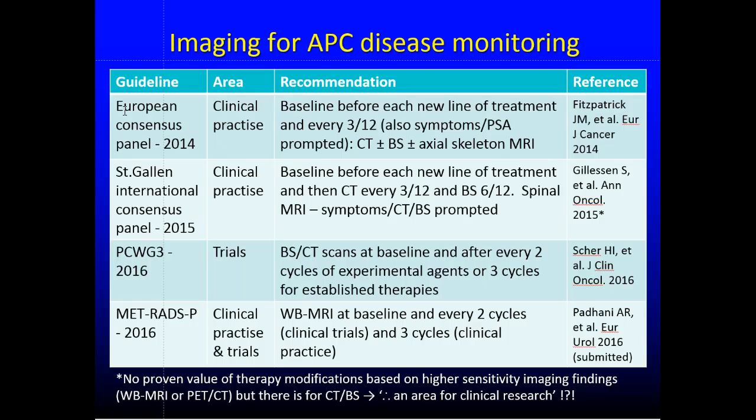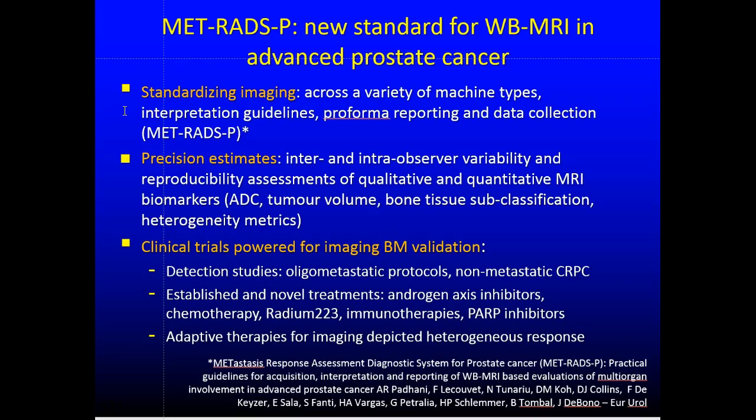We can see the new MET-RADS-P guidelines saying that MRI at baseline and after every 2 cycles, depending on whether you're on clinical trials or whether you're in clinical practice, should be considered. MET-RADS-P is the new standard for whole body MRI scanning in advanced prostate cancer.